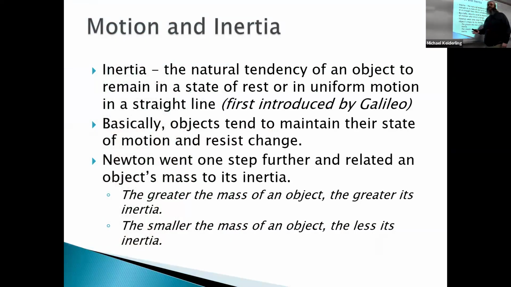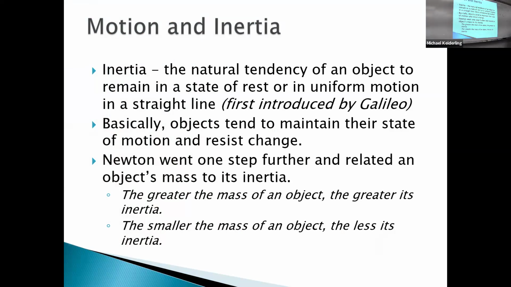So this leads to the idea of inertia. Inertia is the natural tendency of an object to remain in a state of rest or in uniform motion in a straight line. This concept was first introduced by Galileo. Basically, objects tend to maintain their state of motion and resist change.